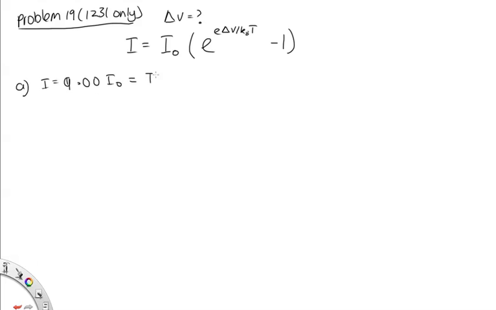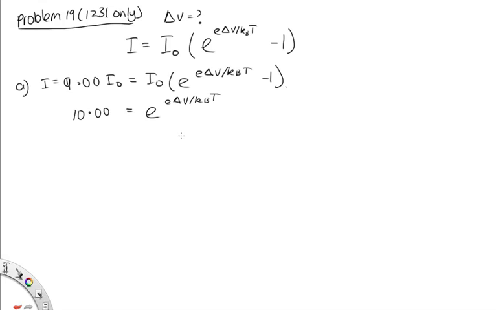And so this is equal to I naught times e to the delta V over KB T minus 1. Now let's cancel out the I naughts and move this 1 over to this side. So we've got 10.00 is equal to e to the E delta V over KBT.